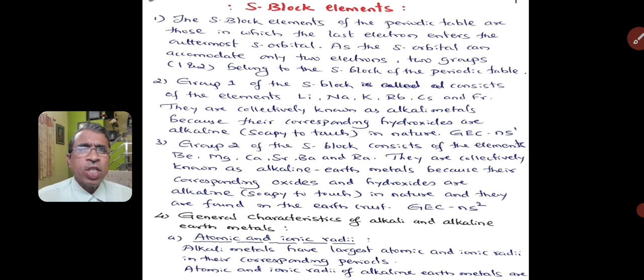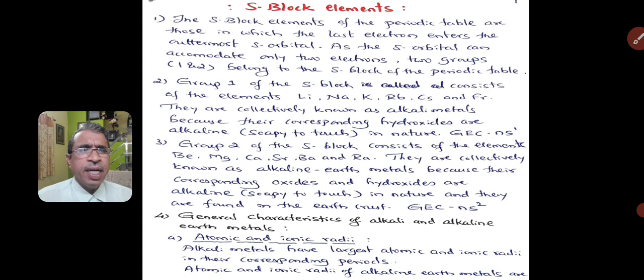Now coming to the general characteristics of alkali and alkaline earth metals. Coming to the atomic and ionic radii. Alkali metals have the largest atomic and ionic radii in their corresponding periods.